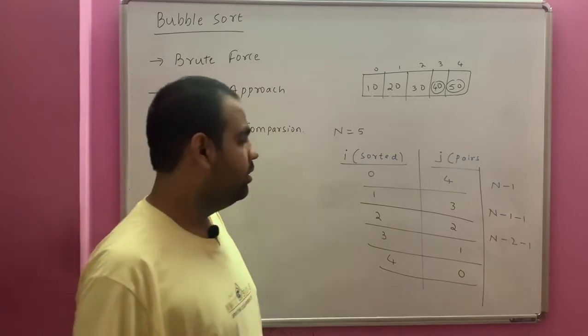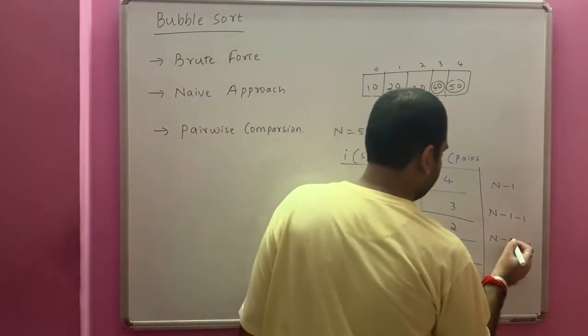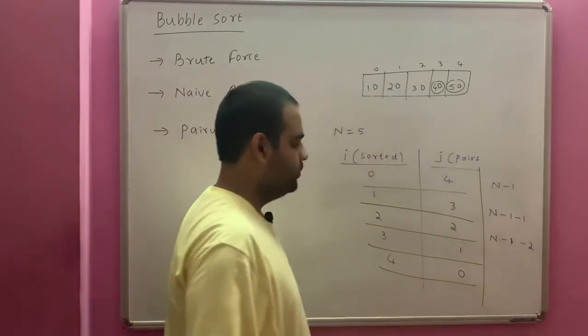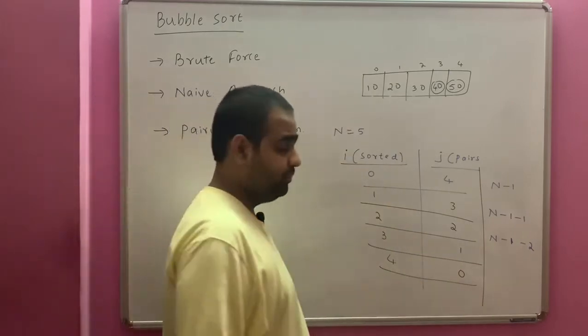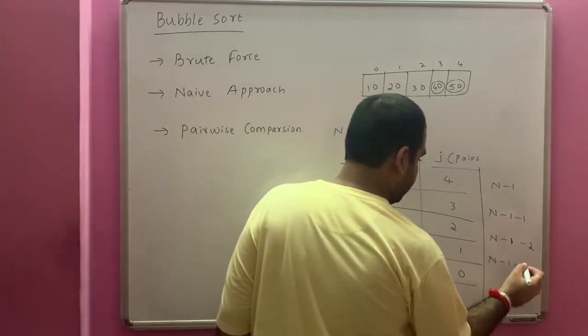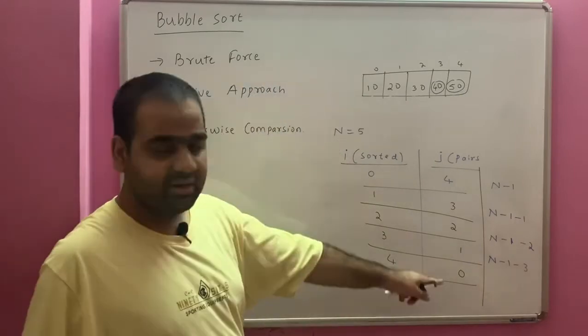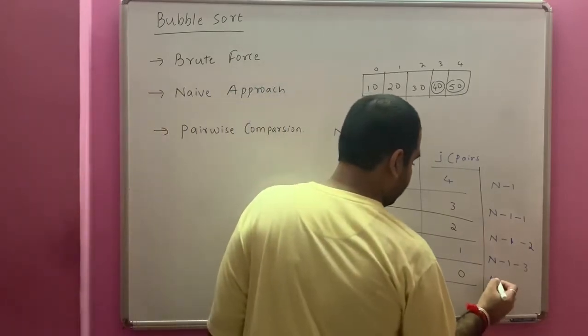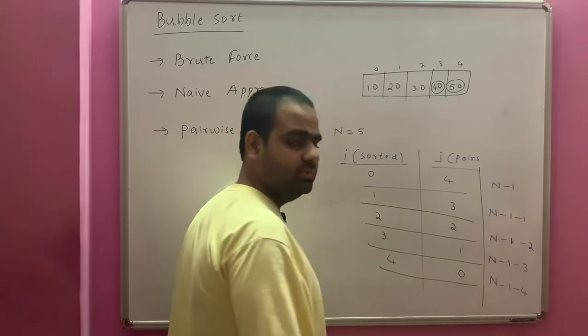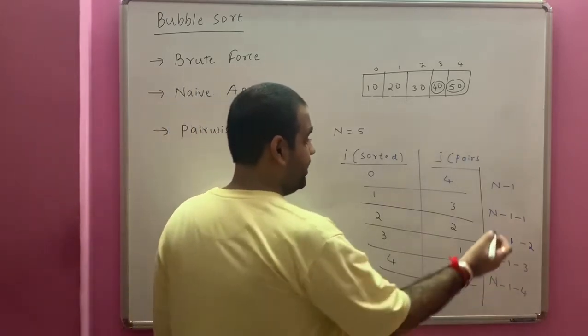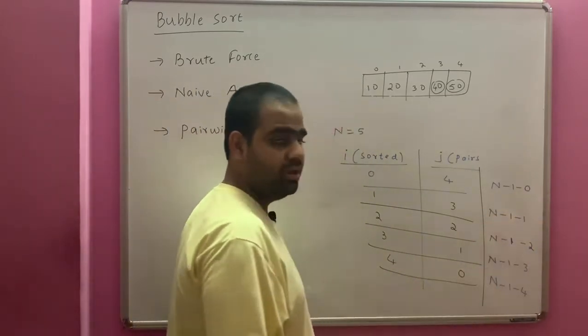Fair enough? Or n minus 1 minus 2. For 1, you can write it as n minus 1 minus 3. For 0, you can write it as n minus 1 minus 4. Is that okay? Now the first one I can write as n minus 1 minus 0 as well.